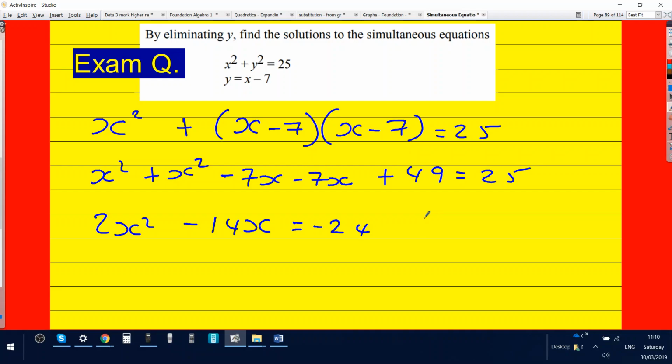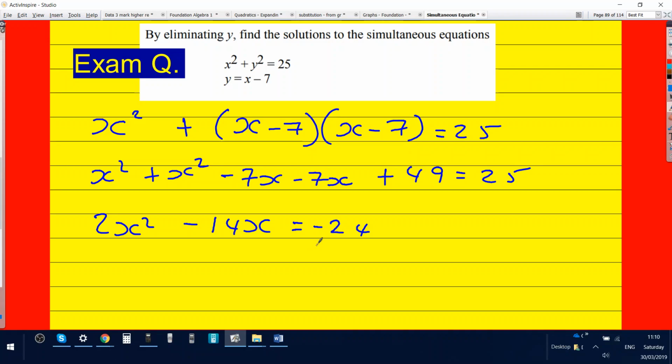How would you do that? So 2x bracket x minus 7. What type of equation do we have? Quadratic, so add 24 to both sides. Yes.